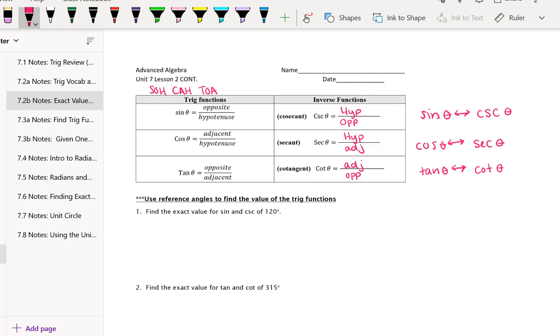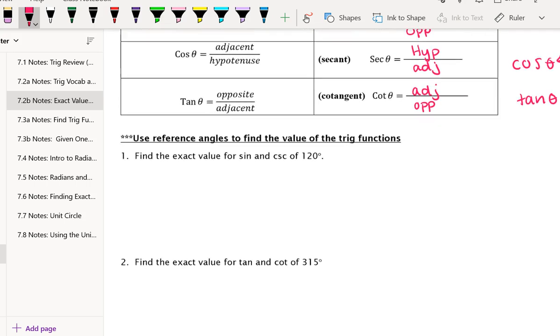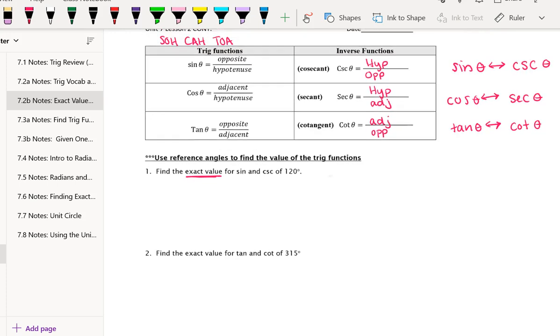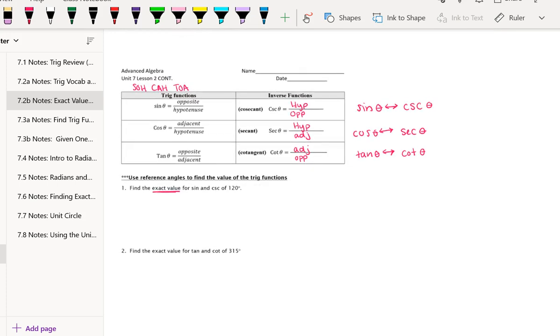Okay, so use reference angles to find the value of the trig functions. Now we are using exact values, which means that we're not going to use calculators and we're going to leave our answers in radical form. Also, we're going to use our 30, 60, 90, and 45, 45, 90 triangle relationships. So maybe we want to refer to that. So the 30, 60, 90, sorry, my triangle's not working so well.